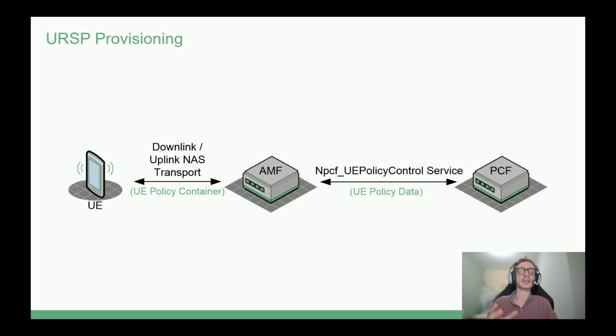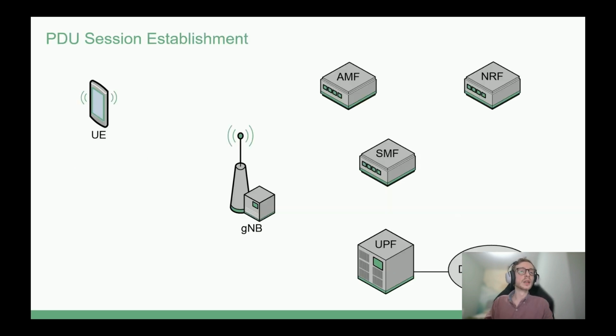So when you want to access a specific application or service, use this specific network slice instance. And that's what we're communicating down to the device. So when the device wants to establish a PDU session, it already knows what S-NSSAI it needs to use.